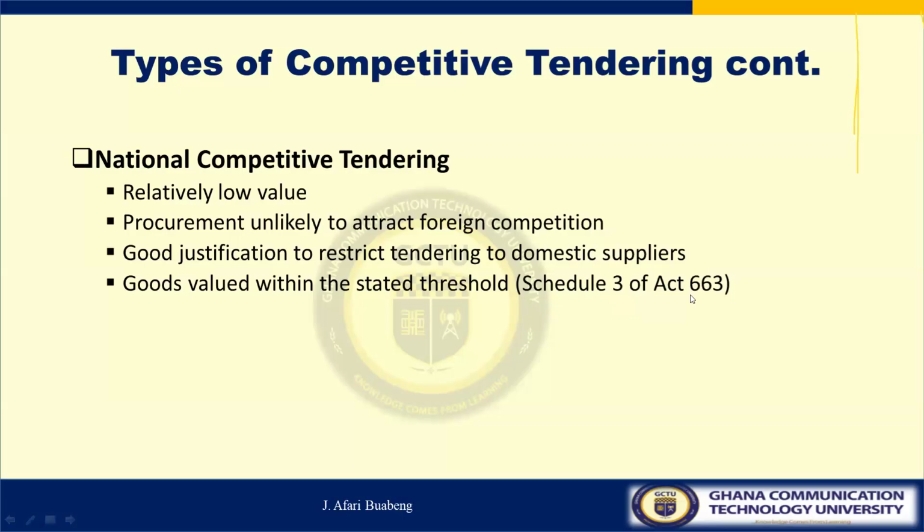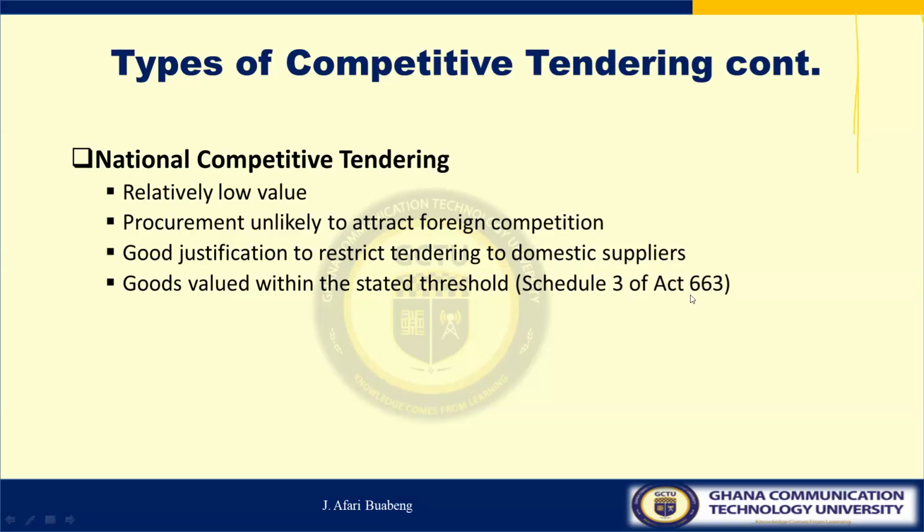Yes, sir. With the international competitive tendering and the national competitive tendering, from all that you've taught, I will go for the national competitive tendering, because if you look at our procurement system, most of the time the national competitive tendering is used, because most of the things entities need are local.